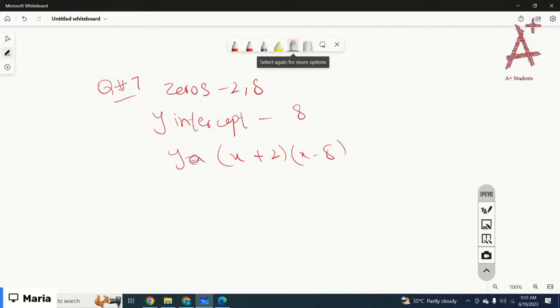Y equals a times x plus 2 and x minus 8, right? Use the y-intercept 8. 8 equals a times 0 plus 2, 0 minus 8.